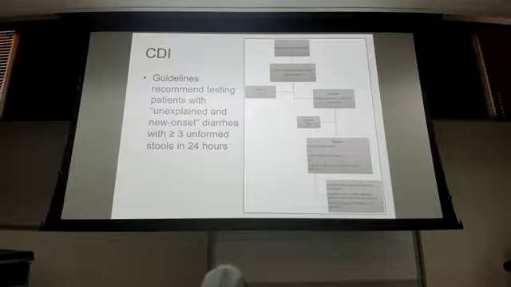If you follow that all the way down, if your patient has unexplained new onset diarrhea with more than 3 unformed stools in 24 hours, especially if they're hospitalized more than 3 days, we start with our 2 steps: antigen for GDH, then a toxin assay. If indeterminate from our first 2 steps, we can do a test called the NAAT.